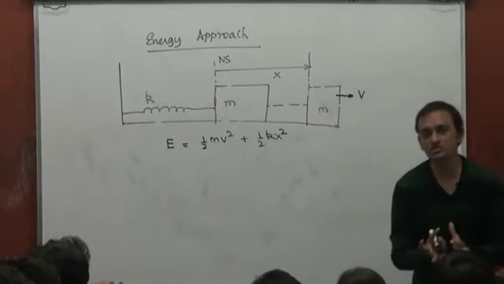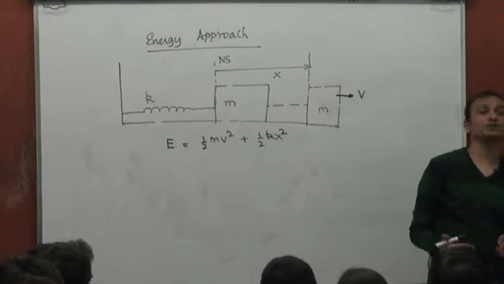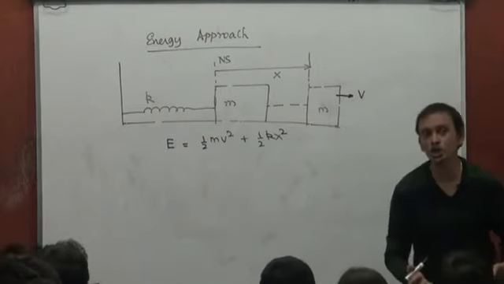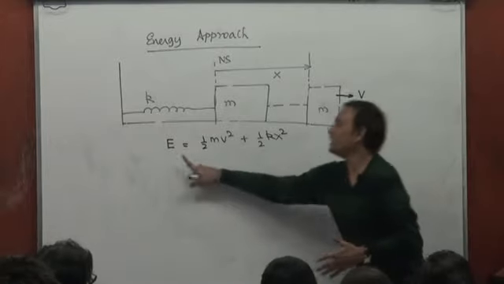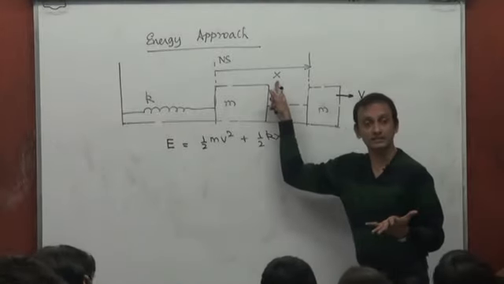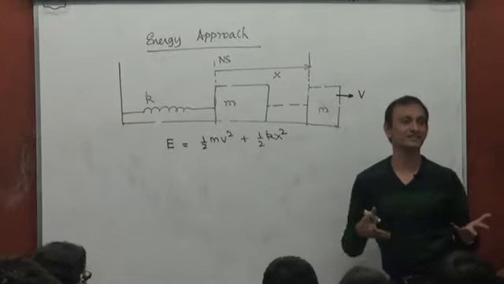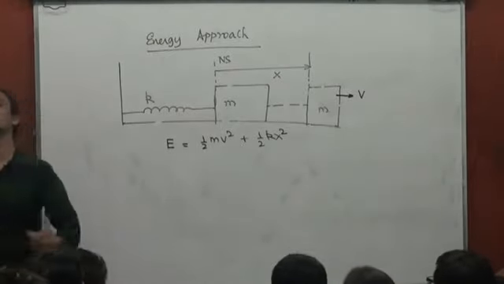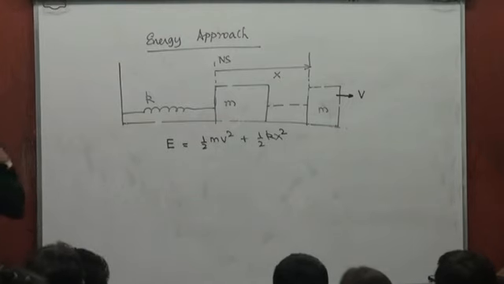If there are no dissipative forces, which is what you expect in a typical oscillating system, there are no energy losses. So E would be the same for all x. That means E should not depend on x. It will be the same for all permissible values of x. That means dE/dx must be 0.